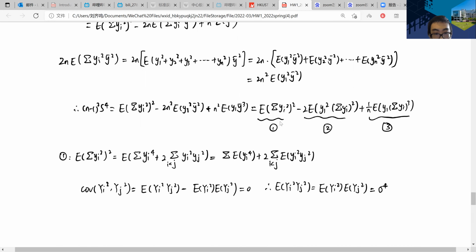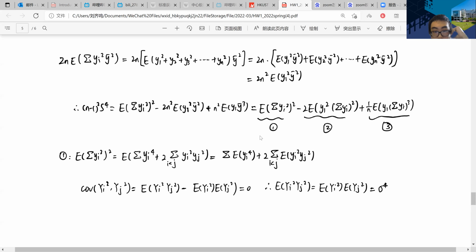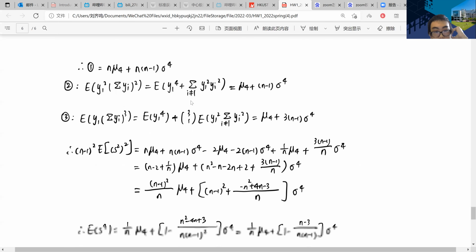The first term, I expand it out, and by the assumption of identical distribution, I use the covariance equal to 0, and figure out this term is equal to this term, and this term is just the sample variance of y, which is also the sample variance of x, so equal to sigma to the power of 4. I just figured out the first term, and the second term is here.